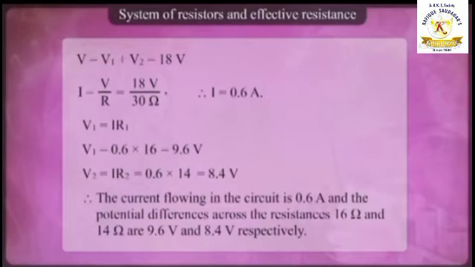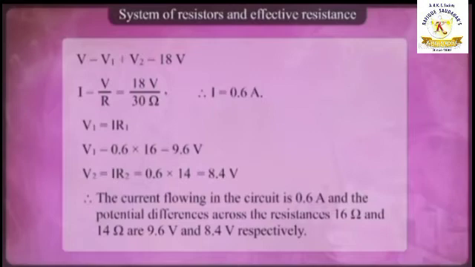So therefore, the current flowing in the circuit is 0.6 ampere and the potential differences across the resistances 16 ohm and 14 ohm are 9.6 volt and 8.4 volt respectively.